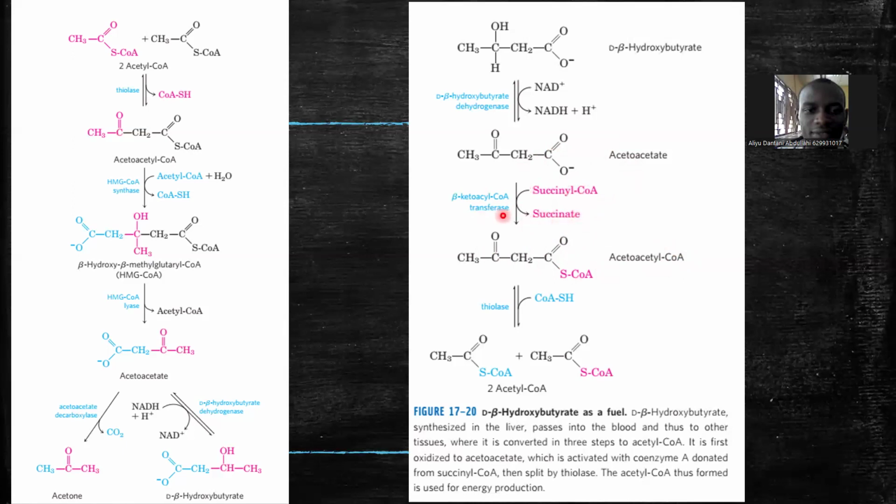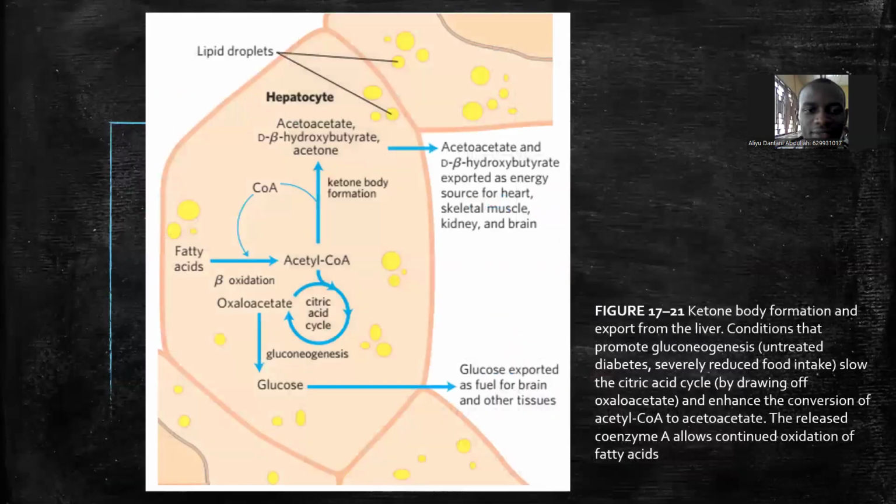It's a transferase. It's very beautiful, right? And then acetoacetyl-CoA, in the presence of the thiolase enzyme, is converted to 2 molecules of acetyl-CoA. Acetyl-CoA will go into the TCA cycle, the citric acid cycle, and the electron transport chain to provide energy. That's when there's a need for energy in the cell. Okay. All right.